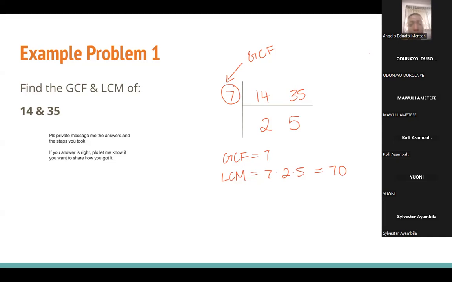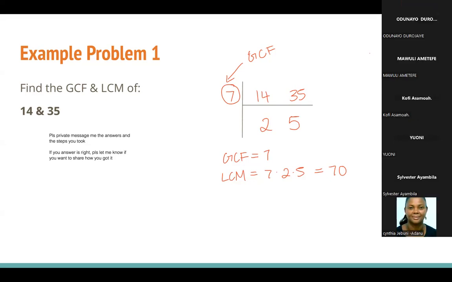So the way this works is, I think a lot of you understood the method, but not really how to get the answer. For the cake method, you're going to try and find the greatest number you can pull out of both of the numbers.